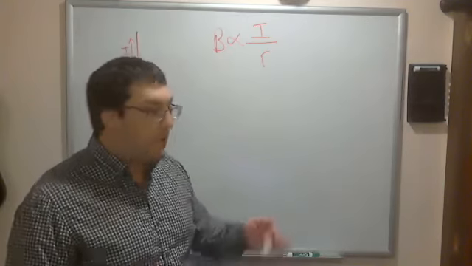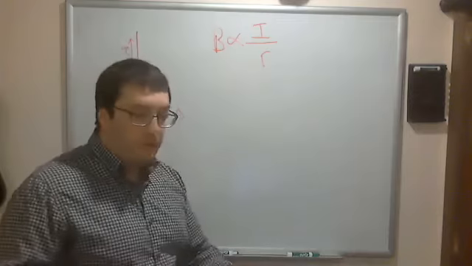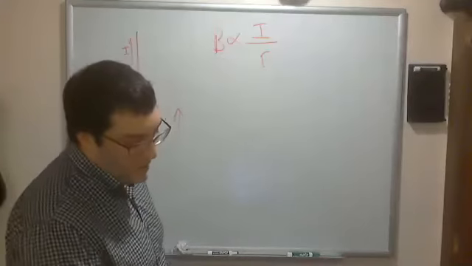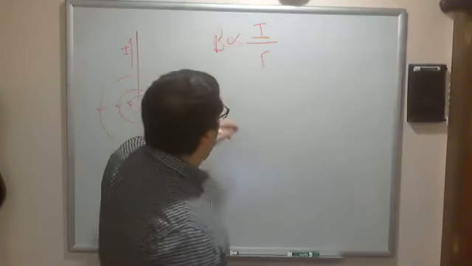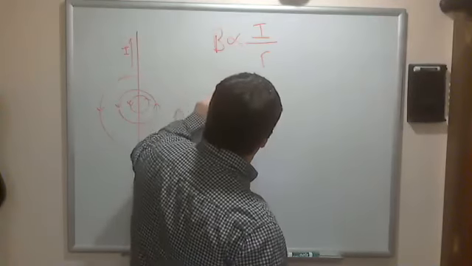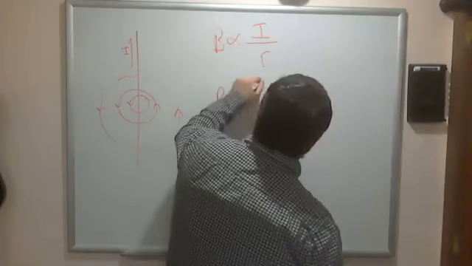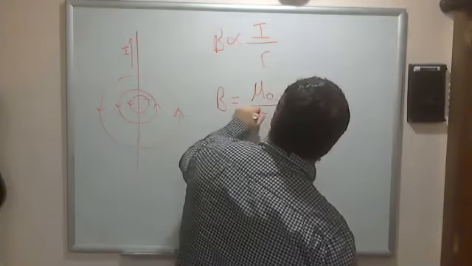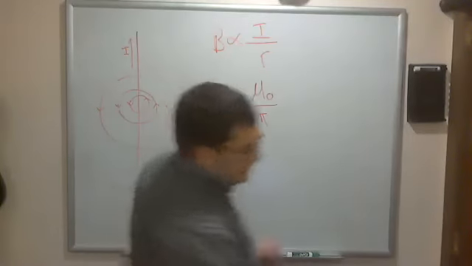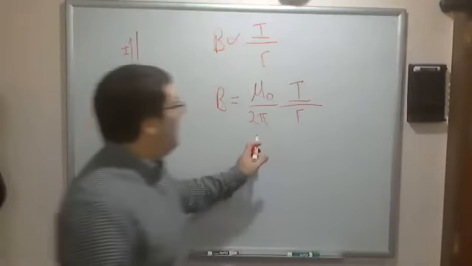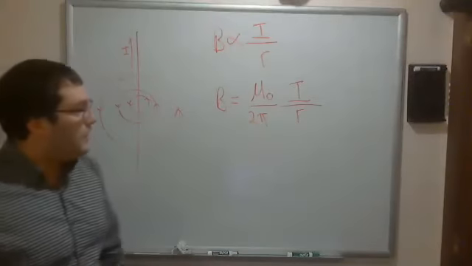We just said, okay, it's proportional to this, so we can make it equal by setting this constant. Initially, we didn't understand these constants, but now we do, and we found that it's exactly equal to this constant mu naught over 2 pi times I over r.